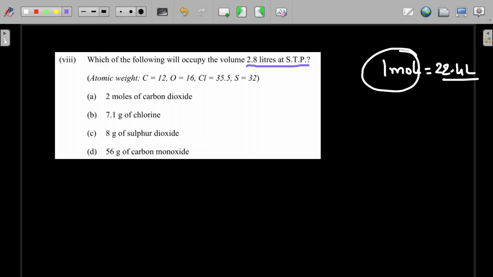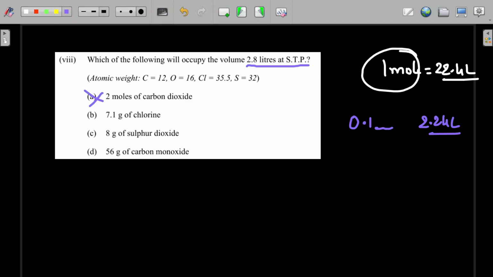If it is near to that, 2.8 liter means it must be 0.1 and something. If it is 0.1 mole you should get 2.24 liter, but it is actually 2.8 liter, so it should be 0.1 something. So 2 moles, no.